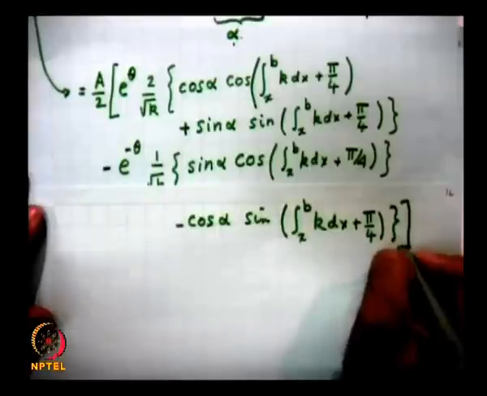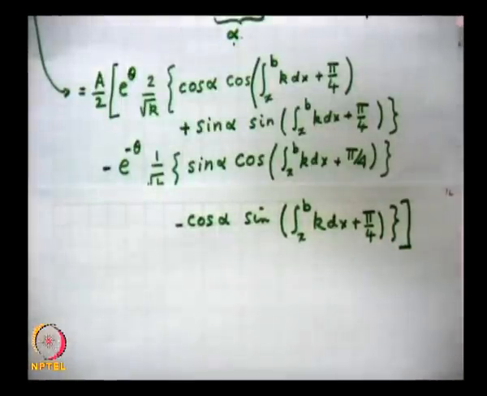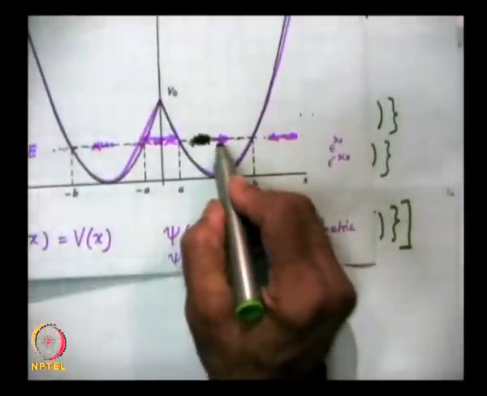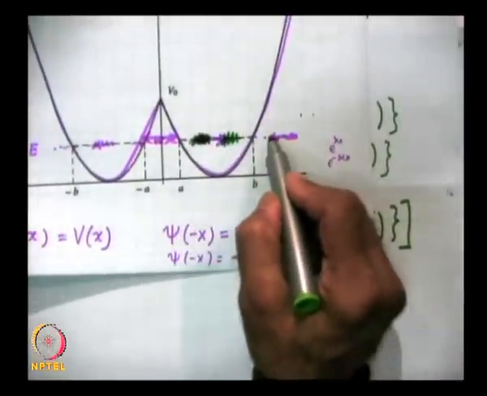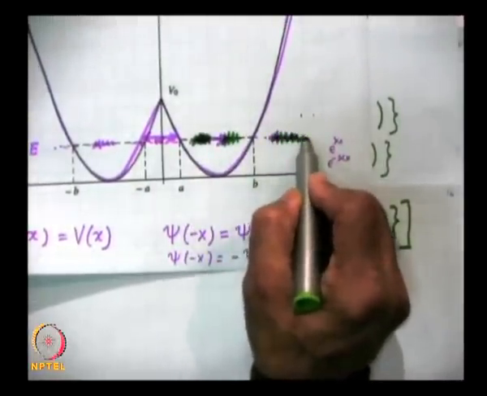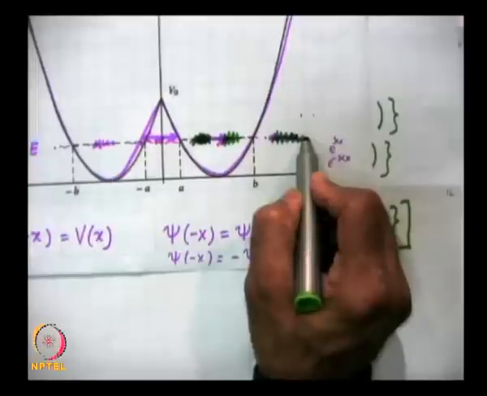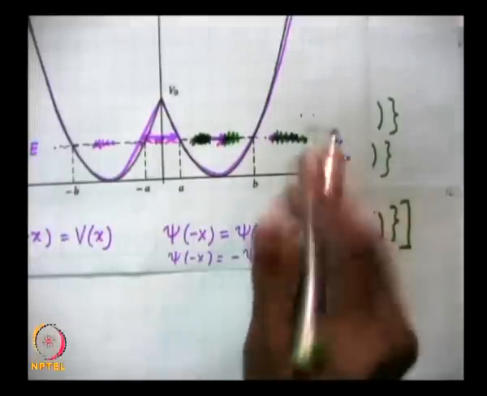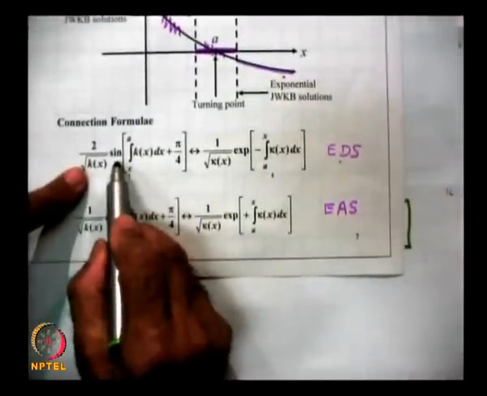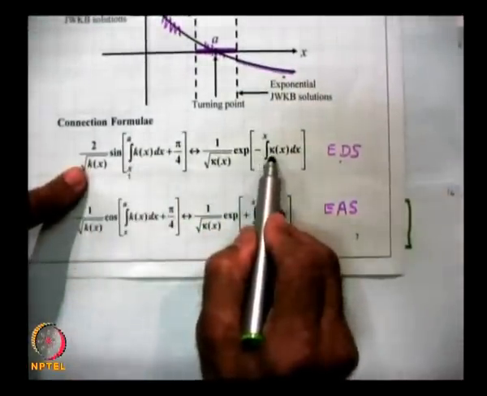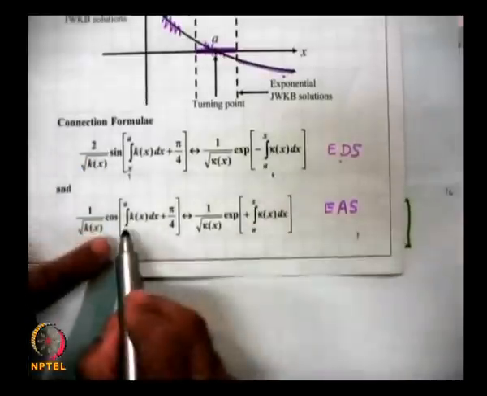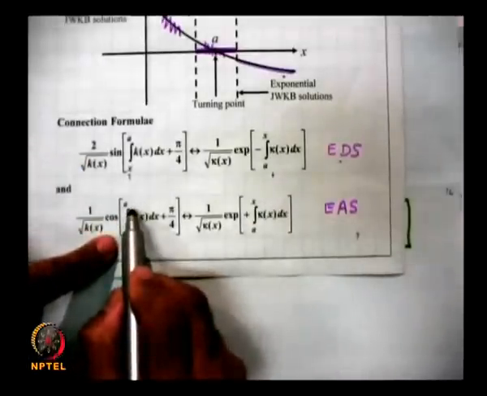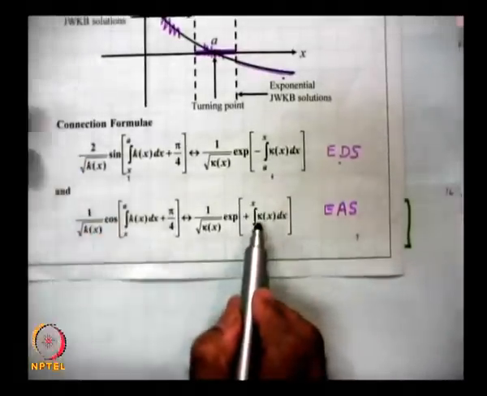Now, I have oscillatory solutions here, and now I will go over to exponential solutions here. So, I must use this: the sine function will go over to an exponentially decaying solution and the cos of x to a will go over to an exponentially amplifying solution.